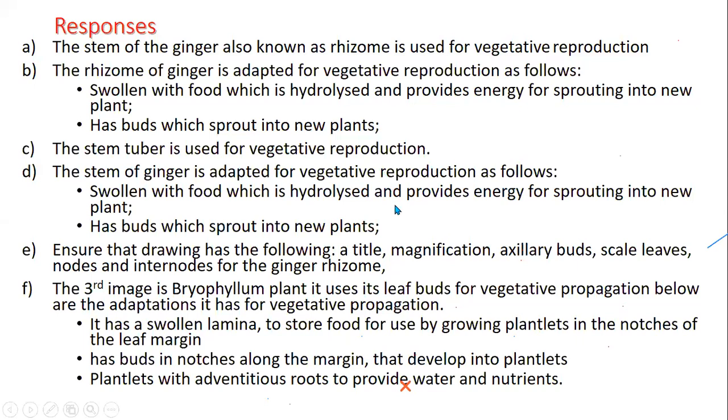And when we look at the stem tuber of Irish potato, you'll find that it also has the same adaptations as the one of ginger. Actually, this word should have been Irish, not ginger. Okay, it's an editorial issue. So they are basically the same. They both have buds. They both are succulent or swollen with food. And when we talk about vegetative reproduction, that is all that is necessary.